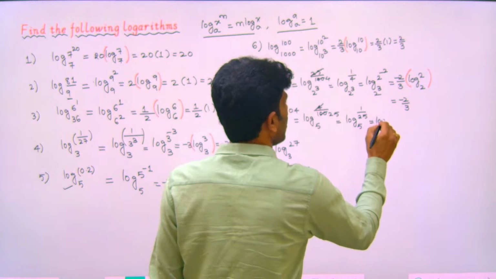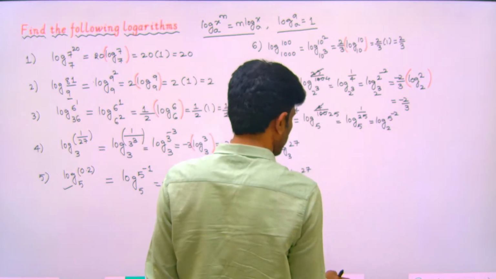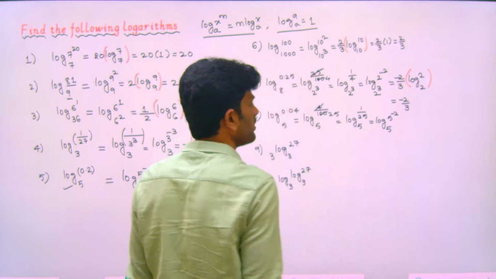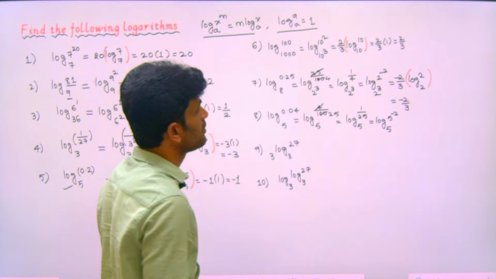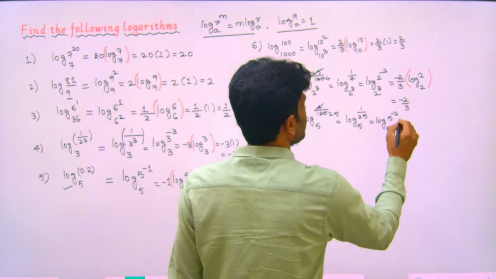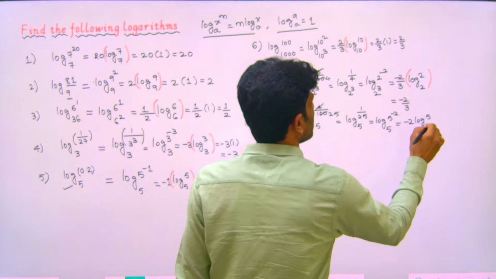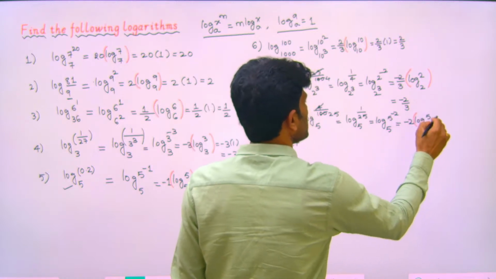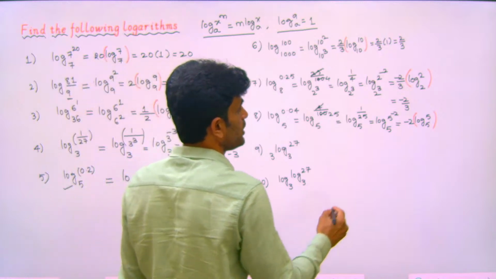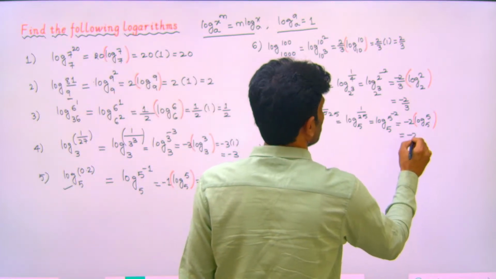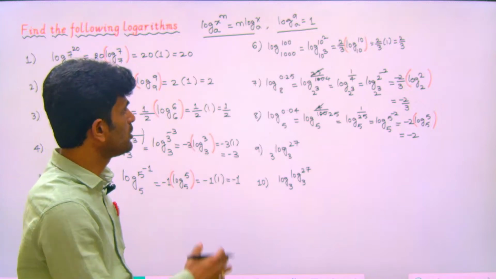We can write it as log 5 to the power of minus 2 to the base 5, meaning to the base 5 to the power of 1. The power will come in front: minus 2 log 5 to the base 5. We know log 5 to the base 5 is 1. So it is minus 2 into 1, which is minus 2. Result is minus 2. Hope you understood up to here.